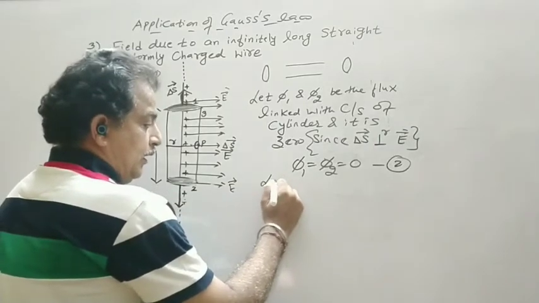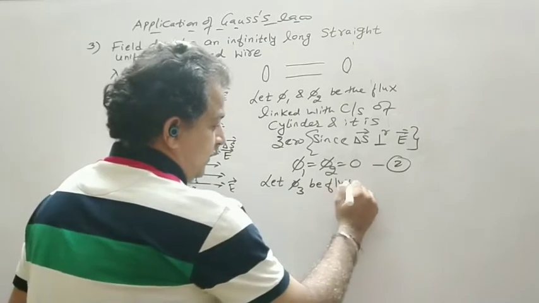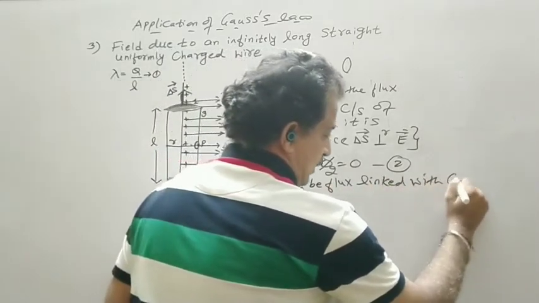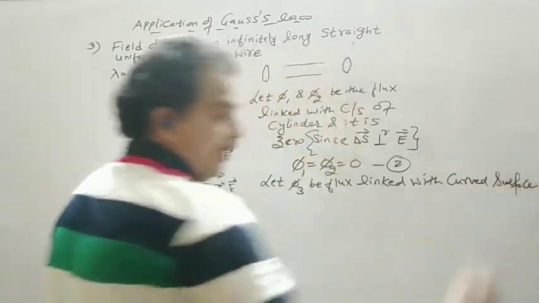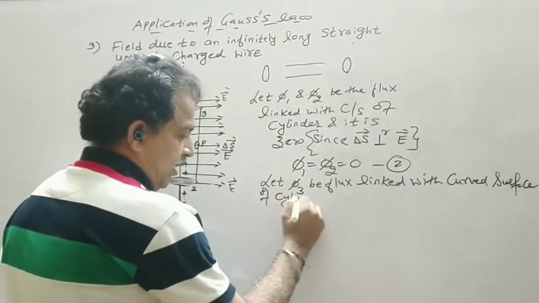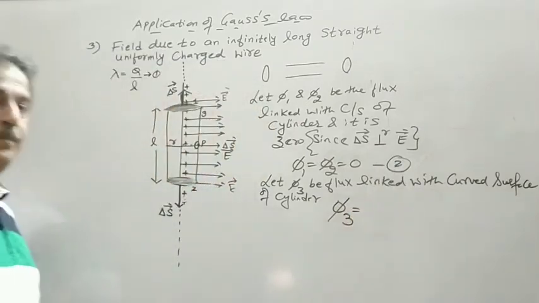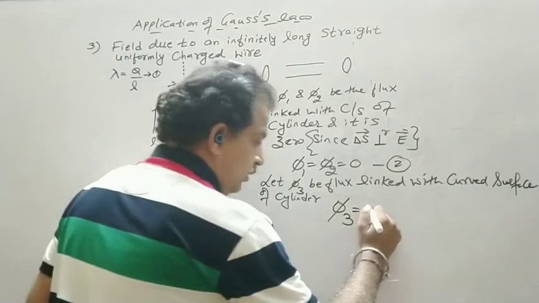Let phi 3 be the flux linked with the curved surface of the cylinder. So phi 3 will be equal to E delta S. Both are in the same direction.